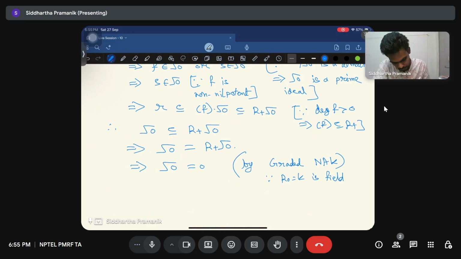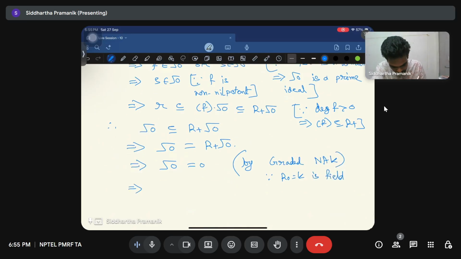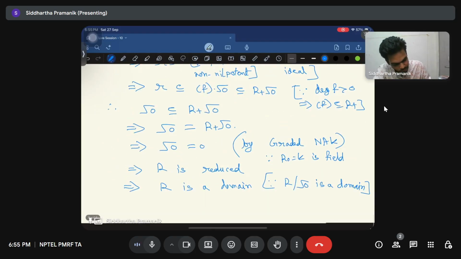So radical of 0 is 0, and this implies R is reduced, and that will imply R is a domain, because it is given that R mod radical 0 is a domain, and radical 0 is itself 0, so R is a domain. So this completes the proof.